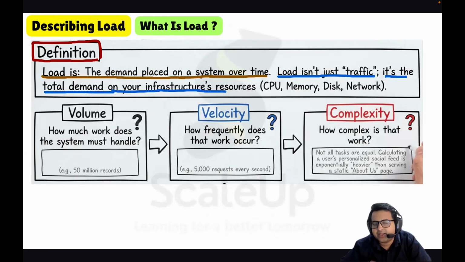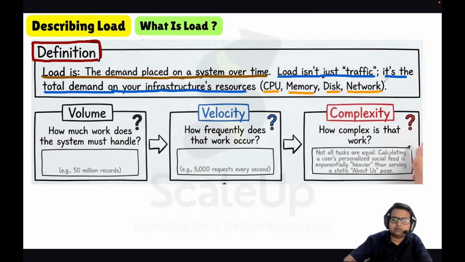When I talk about load, I am talking about the total demand on CPU, memory, disk, and network. Traffic means the number of users. Load is not just about the traffic. Rather, it is how much burden there is on the CPU, the memory, the disk, the network.